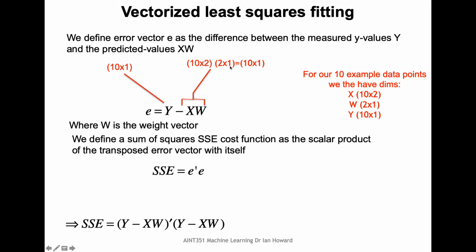The first element is what we had for m before, and the second is for c, and the result will be 10 by 1. Okay, and we see that the SSE is going to be 1 by 10 multiplied by 10 by 1, so that'll be a single value. Like I said, we're multiplying each error element with itself and adding them all up, so we end up with one value.